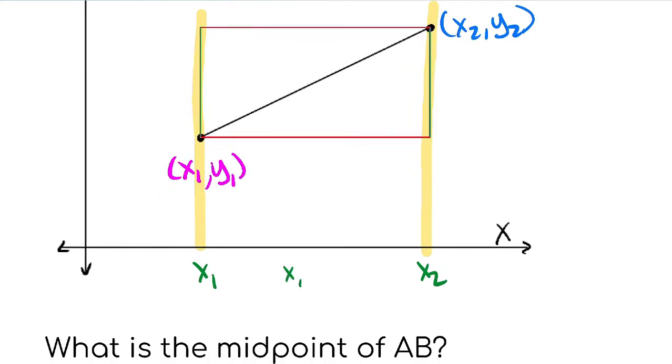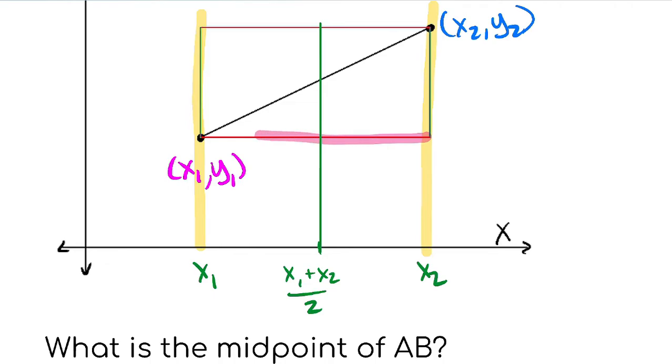So we would do x1 plus x2 and divide by 2, and that would give us that central location. And so that center location is going to represent where on the line the x value is going to be for the center.